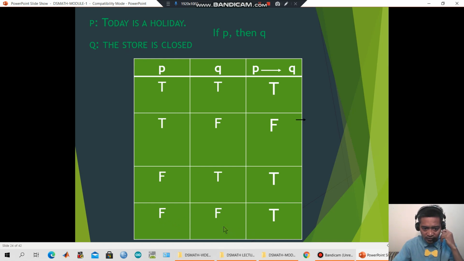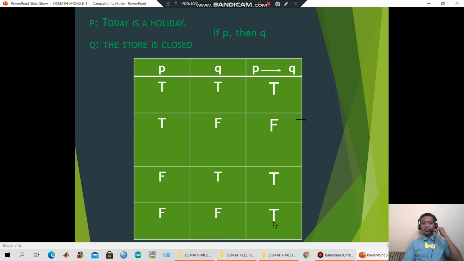Then the store is not closed. So if today is not holiday, then definitely kung sinabi rin dito the store is not closed, then that is true. Hindi naman, in-expect naman natin na dati kapag holiday dapat close. Dito naman hindi naman holiday, hindi naman din siya close, kaya true yan.